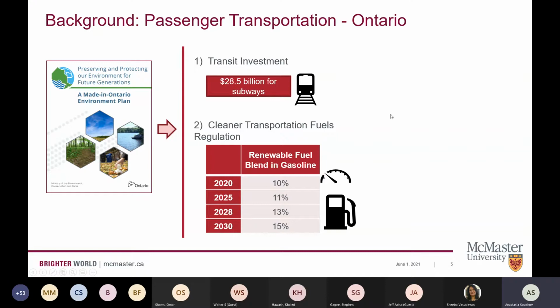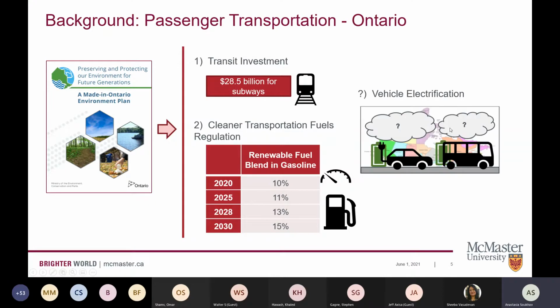It's more of a long-term investment. The short-term measure was recently announced last year, where we are now blending fuel with renewable fuel to decrease the CO2 emissions over its life cycle. That's under the Cleaner Transportation Fuels Regulation.